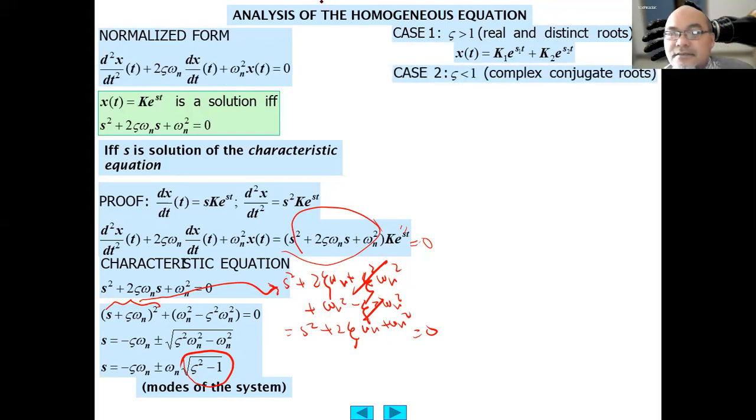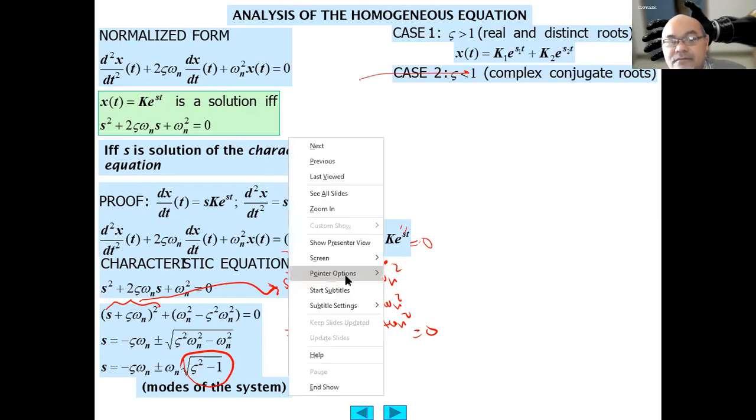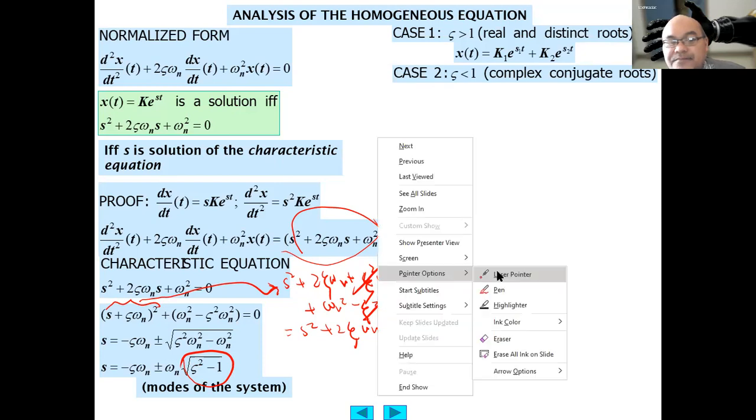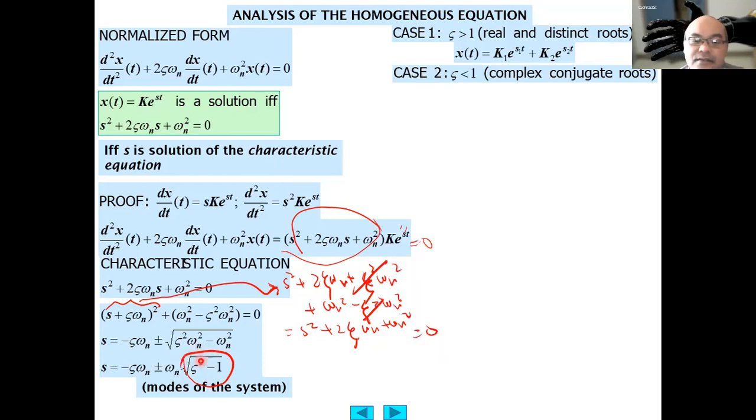Case 2 is when the value zeta is less than 1. So zeta² minus 1 will be a negative value, right? What is the consequence of that? The square root of a negative value is an imaginary number.